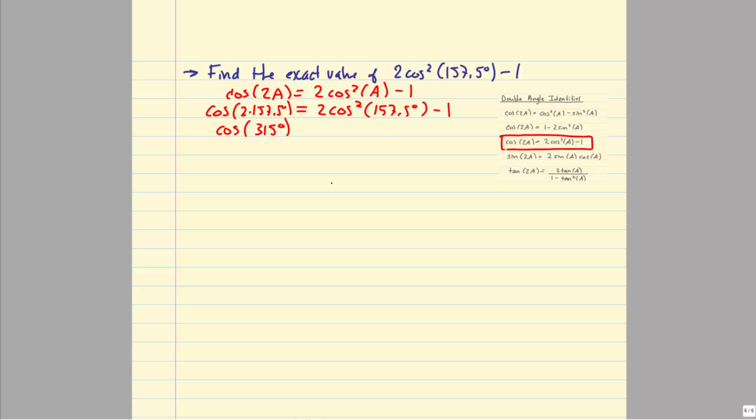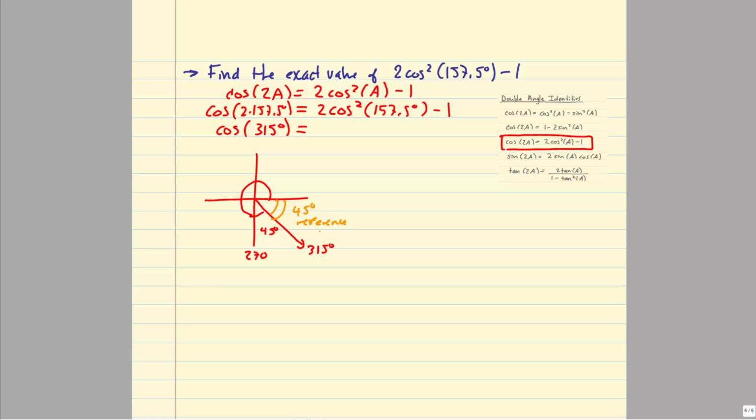Okay, well this is actually a standard angle. You might not remember it or recognize it, but it is a standard angle. So let's go ahead and put up our Cartesian coordinate system. 315 degrees, here I am at 270. To get to 315, I would have to add 45 degrees. That makes my reference angle right here a 45 degree reference angle.